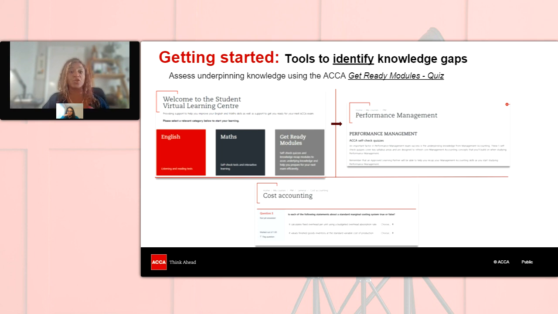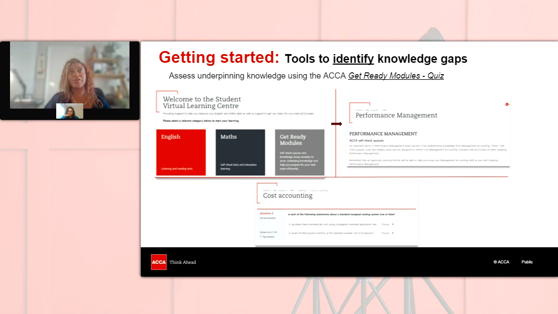So if you're doing Financial Reporting, FR, for example, it is assumed that you have a solid foundational knowledge of financial accounting. Now, these are going to help you to identify whether you do have as solid a foundation as you believe you do.